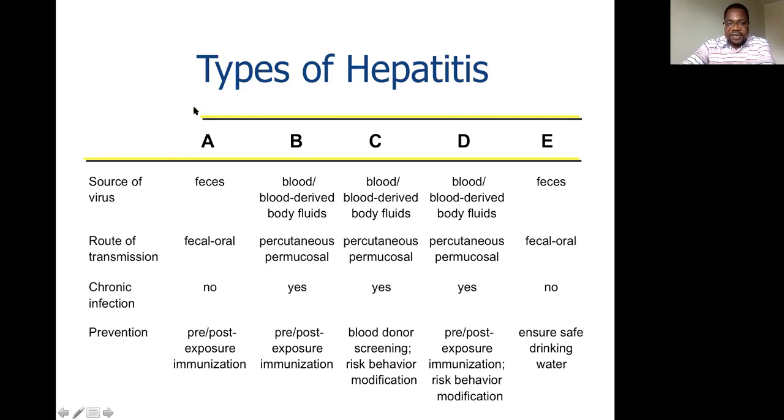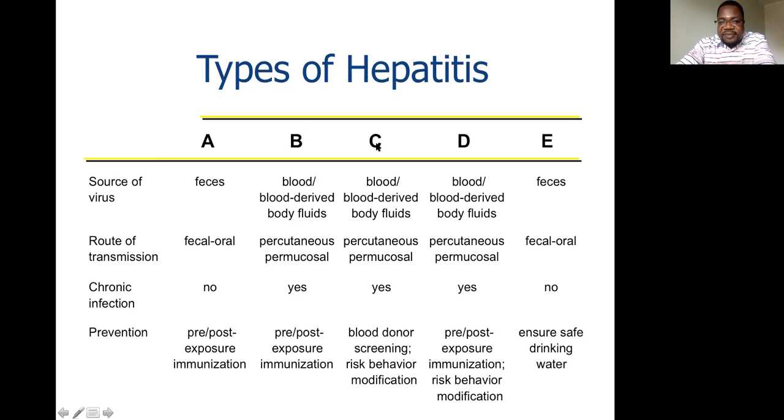A and E are coming from the feces. So the route of transmission for hepatitis A and E is what we call fecal-oral transmission, because the virus can be found in the feces of infected people.